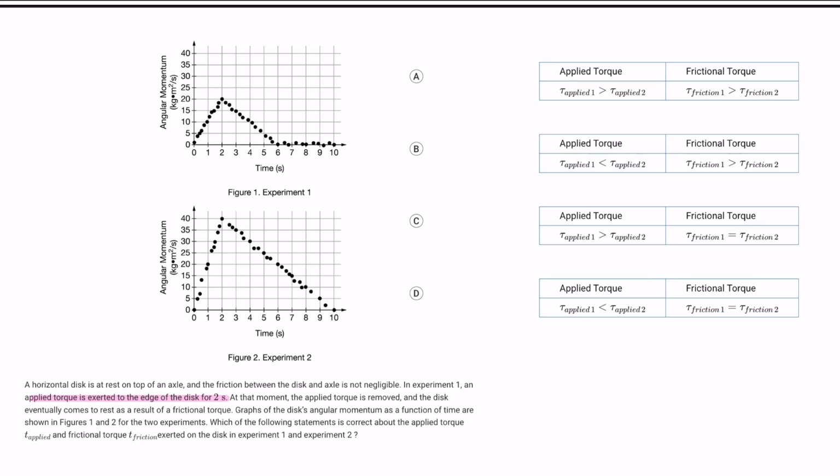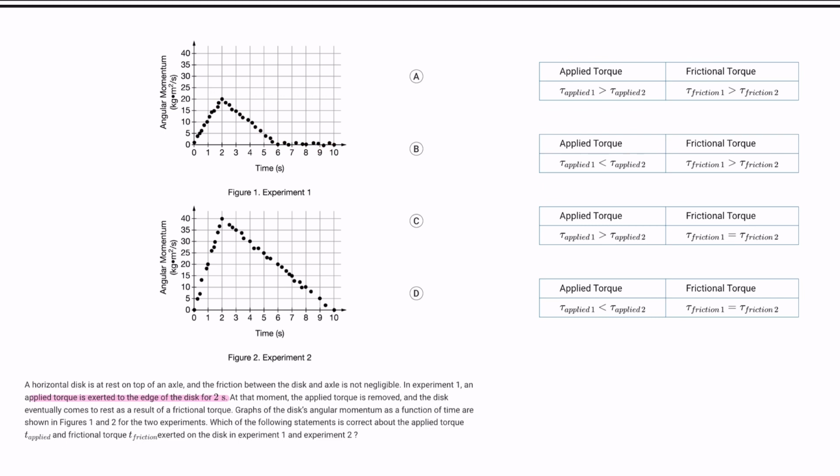If we look at experiment 1, we can see that at the 2-second mark there's a quick change in the angular momentum. For the 2 seconds leading up to that mark, the angular momentum was increasing at a constant rate. But once that net torque stops, because friction is not negligible, the angular momentum is going to decrease back down to the point where it stops, where it has no more angular momentum.